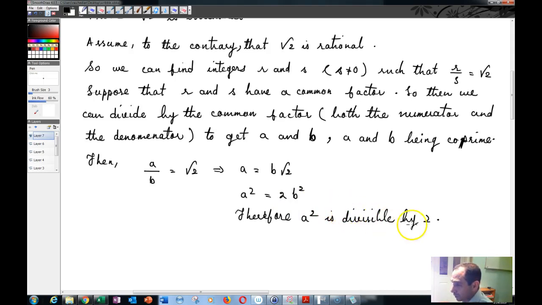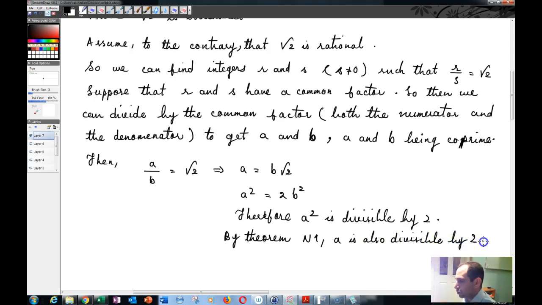So now if a squared is divisible by 2, by the theorem that we just did, it was theorem n1, a is also divisible by 2, right?